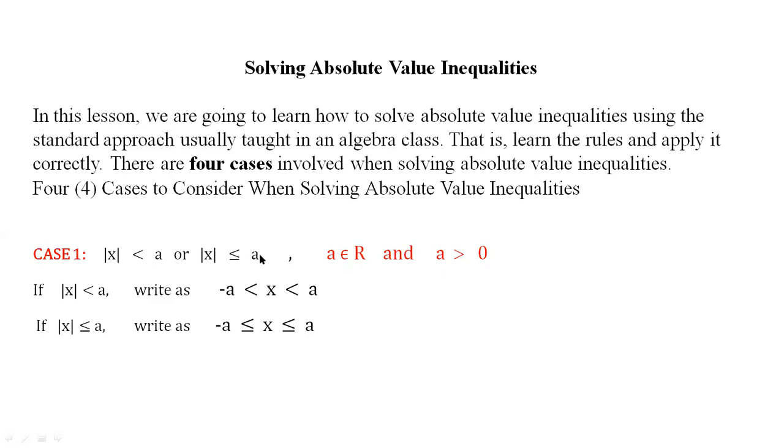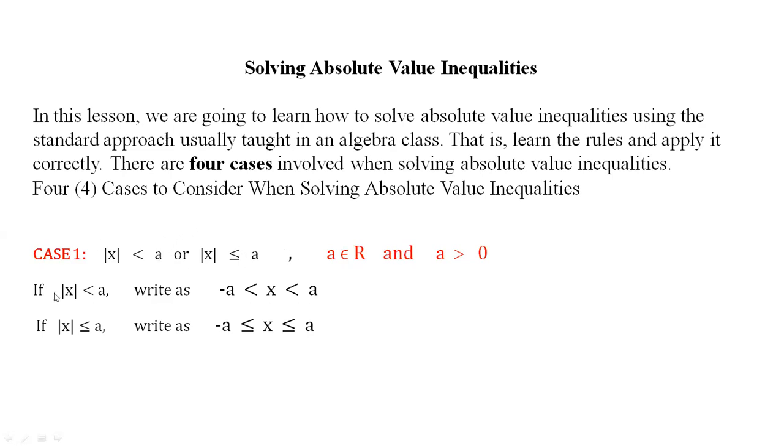If a belongs to the real numbers, or a is an element of the set of real numbers, and a is greater than 0, it means all the numbers are positive. So if a is a positive number, what will be the possibilities?